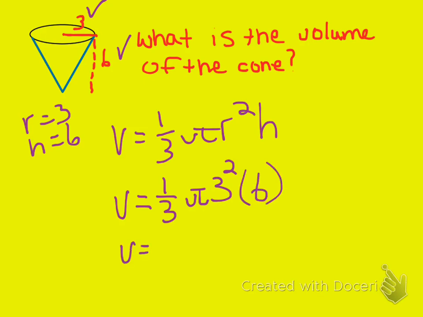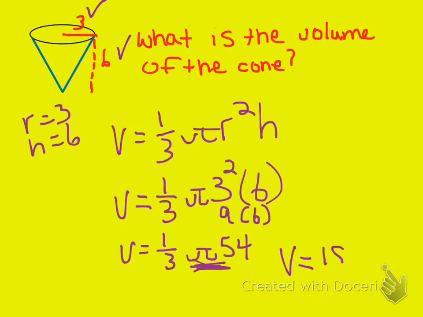We know that 3 squared is 9, so times 6 is 54. So 1/3 pi 54, and in your calculator we're going to leave pi alone. You do 1/3 times 54, and you get that volume equals 18 pi.